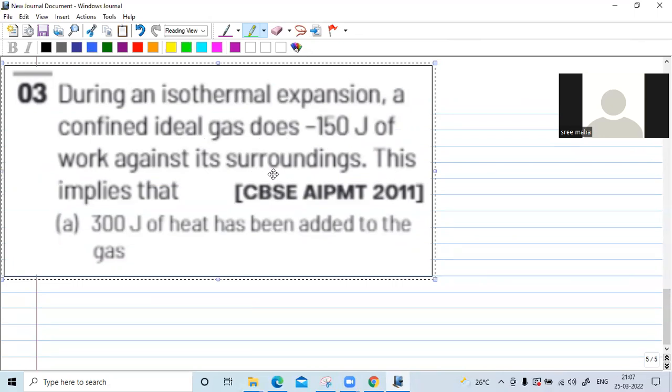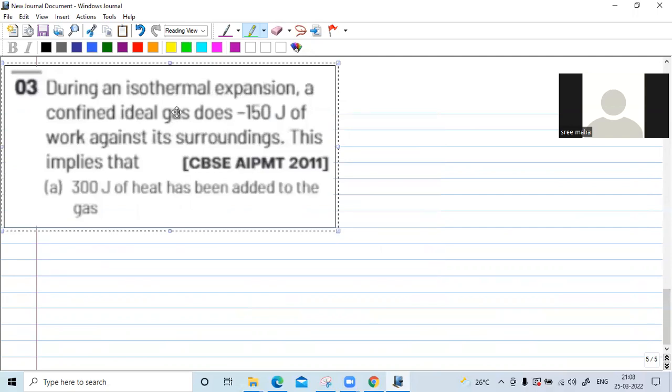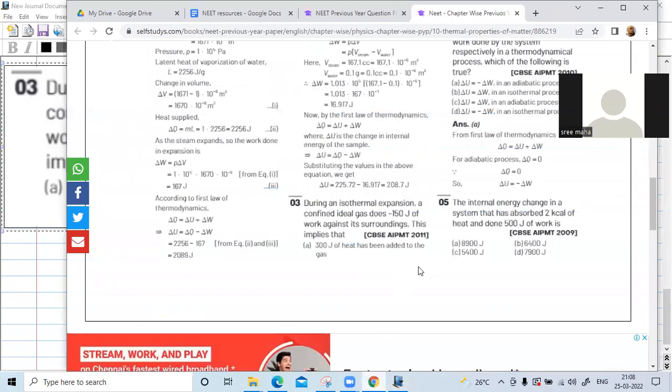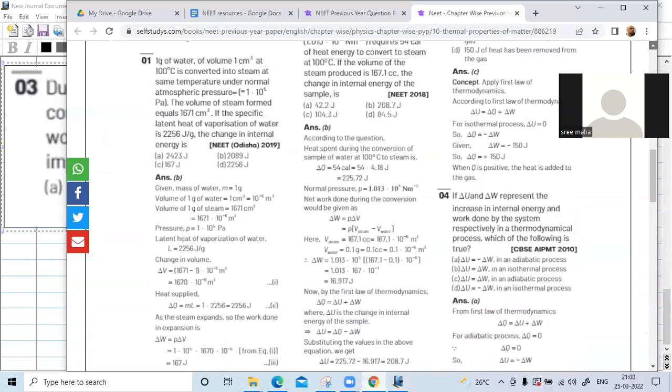This equals the 300 joules that must be added. When they say the gas does this much work and it is given as negative, that means work is done on the gas, not by the gas, because work done by the gas is negative.